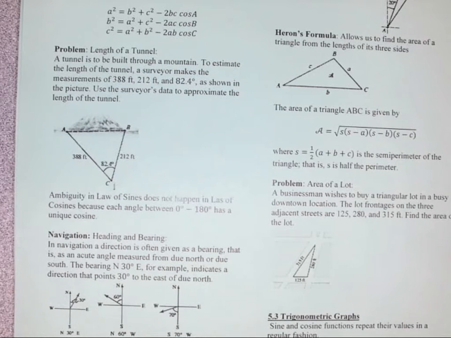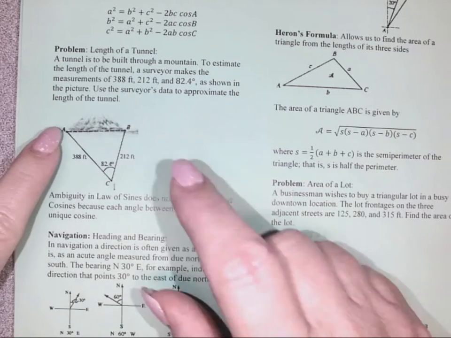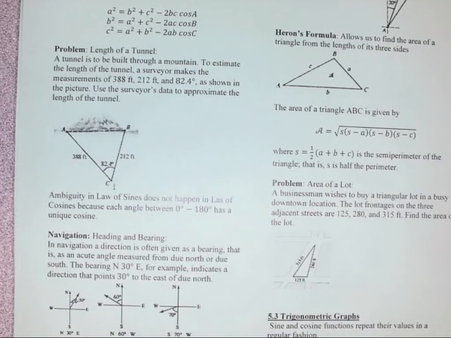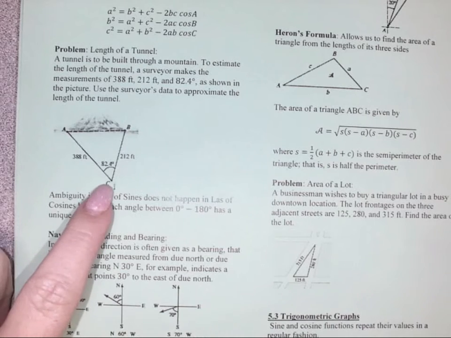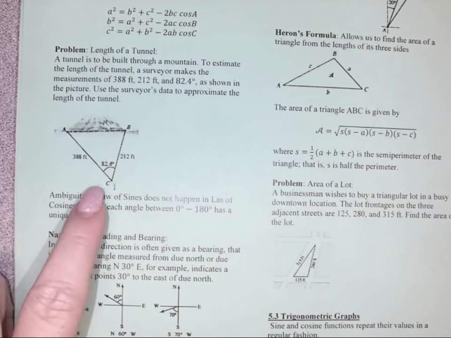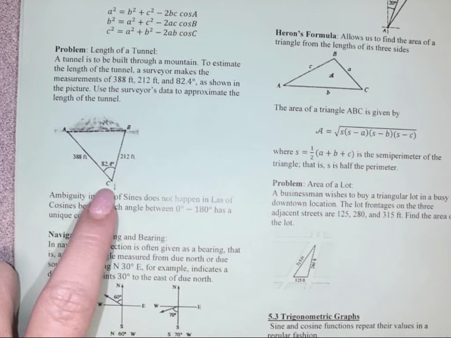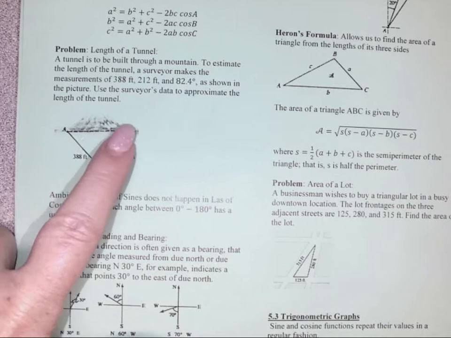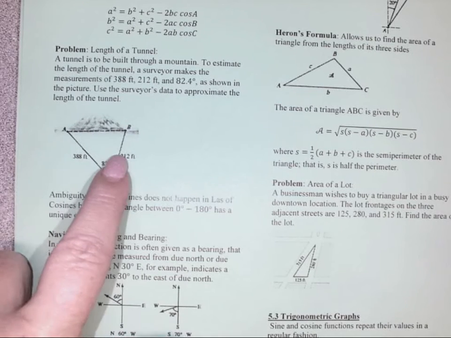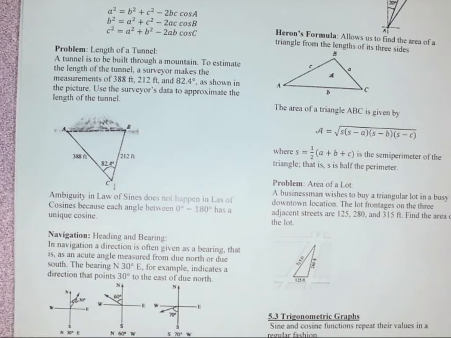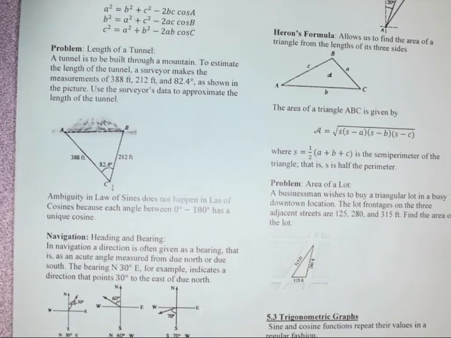We're going to use his data to approximate the length of the tunnel. We're looking for the length between A and B, and that is also known as our little c. If this is our big C, this is our little c. This would be little b, this is little a. We need to understand that part so we know what we're solving for. So for this problem, we're solving for little c.